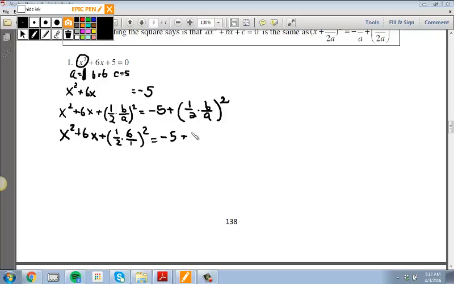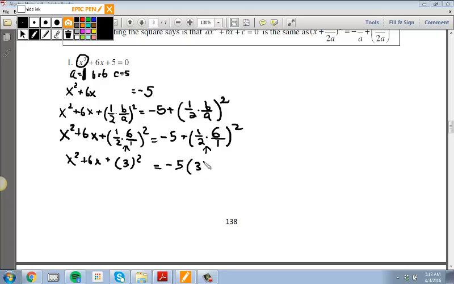Then I'm going to simplify the insides of these parentheses. 1 times 6 is 6, and 2 times 1 is 2, so 6 over 2 is actually 3. So I'm just going to write it as 3 squared.